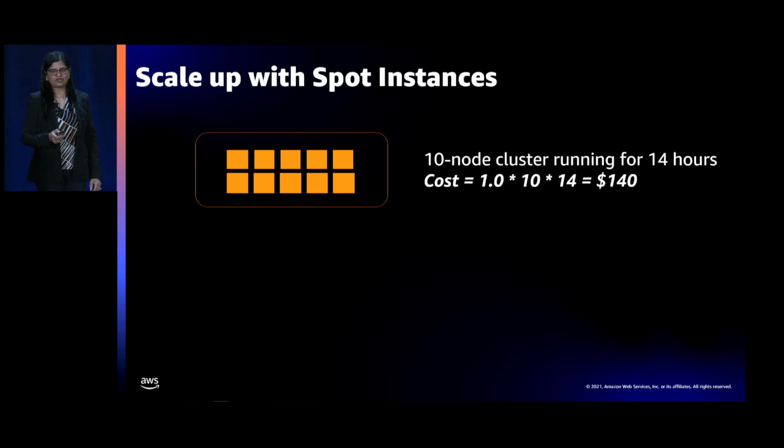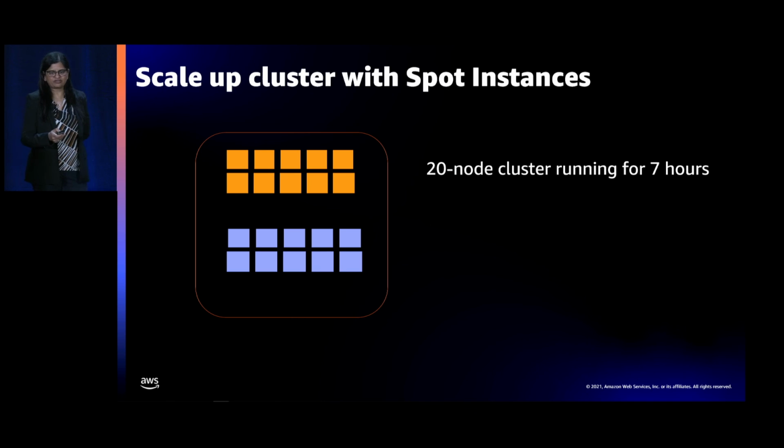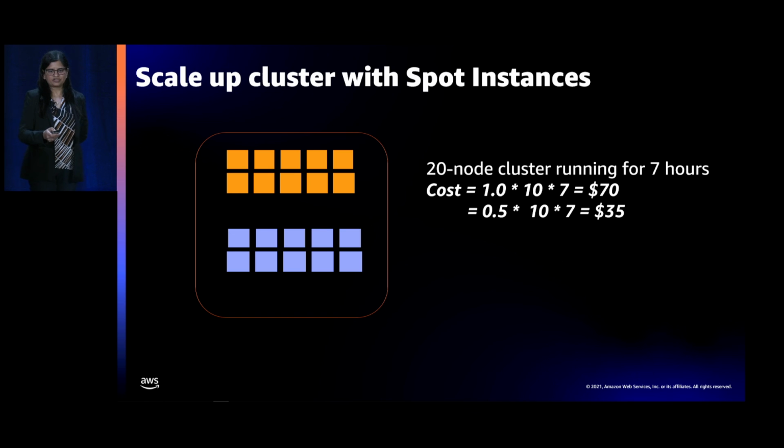So here is an example. If you have 10 instances that are running on demand, and each instance is about $1 an hour, and you ran them for 14 hours, your cost would be $140. But if you add 10 more nodes from the spot market, you now have a 20-node cluster running for 7 hours, and the cost for those 7 hours would be $70 for the on-demand nodes.